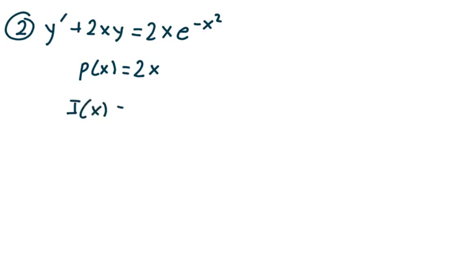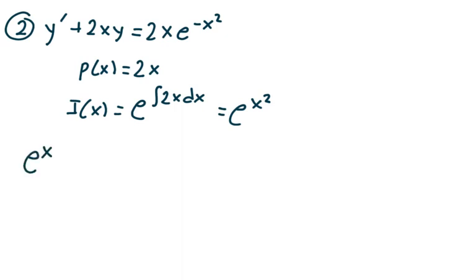So I of x is e to the integral of 2x dx, which is equal to e raised to the x squared. And so let's multiply both sides by e to the x squared.